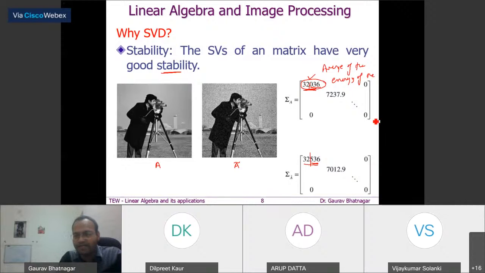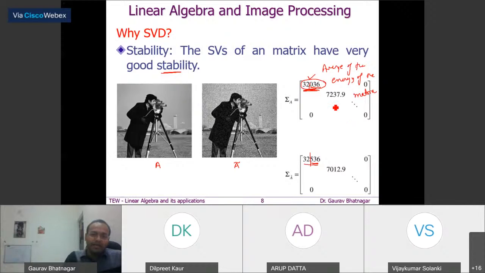In case this is going to be the matrix, the maximum reflection of any change you are going to observe is in the maximum singular value, and hence this error tolerance is with respect to the highest singular value rather than the lowest or any intermediate singular value.